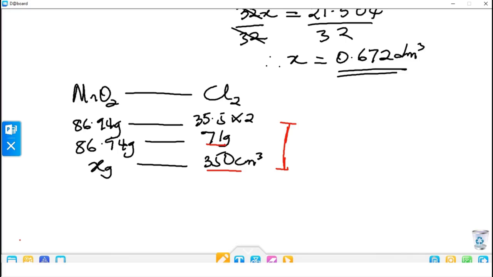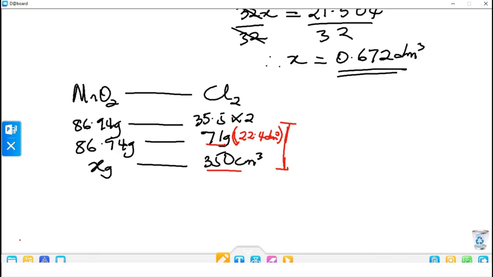We are not really interested in the mass of the chlorine, but we are interested in calculating the mass of MnO2. From what we can see, 71 grams of chlorine is just equivalent to 1 mole. And we have been made to understand that 1 mole of any gas is 22.4 dm³. So this 71 grams of chlorine is the same thing as 22.4 dm³.